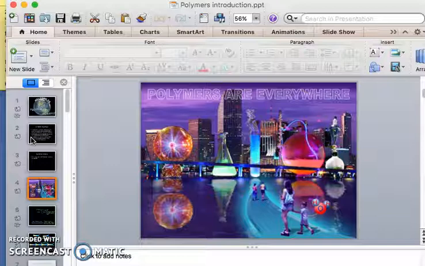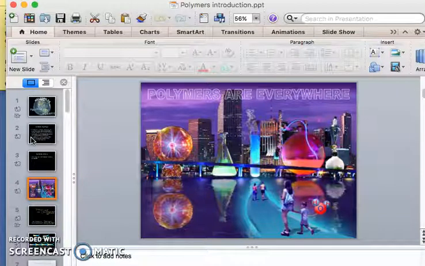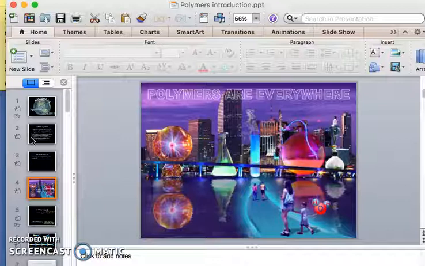So, polymers are everywhere. This thing that I have around my bottle here is a polymer. The pen that you're holding, Luke, is a polymer. That pencil case that you have, Monica, is a polymer. This thing in which you got your muffins is a polymer.